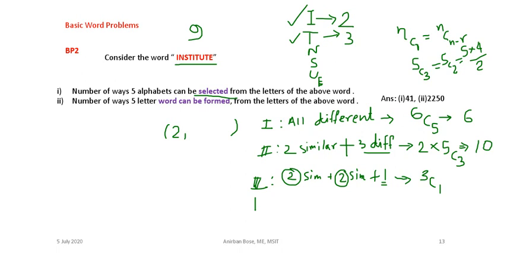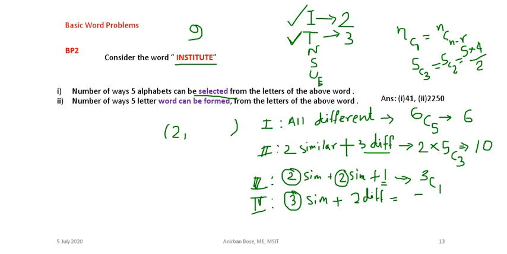Then the fourth case, you can consider the 3 of similar and 2 different. Now 3 similar, 2 different, that can be done. T similar can be taken only one way, that is T, if you take 3 T's, and 2 different can be taken from 1, 2, 3, 4 and 5.